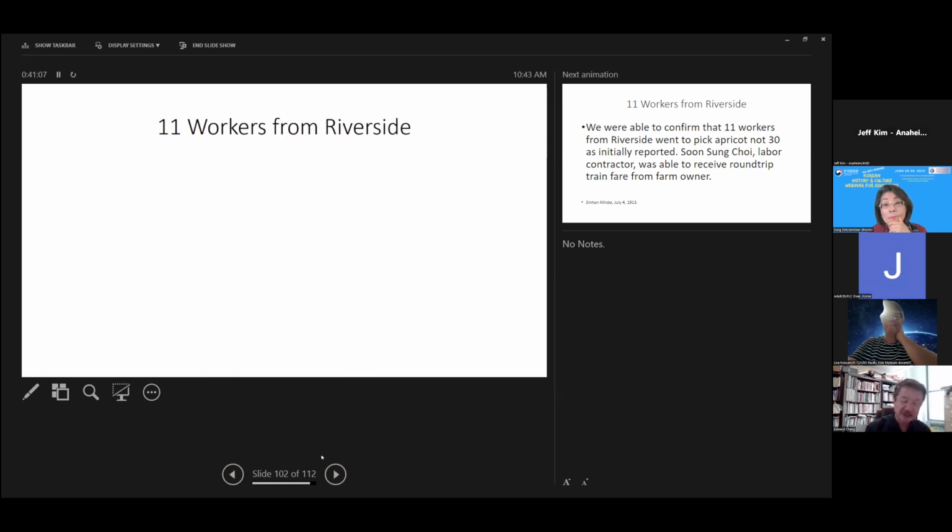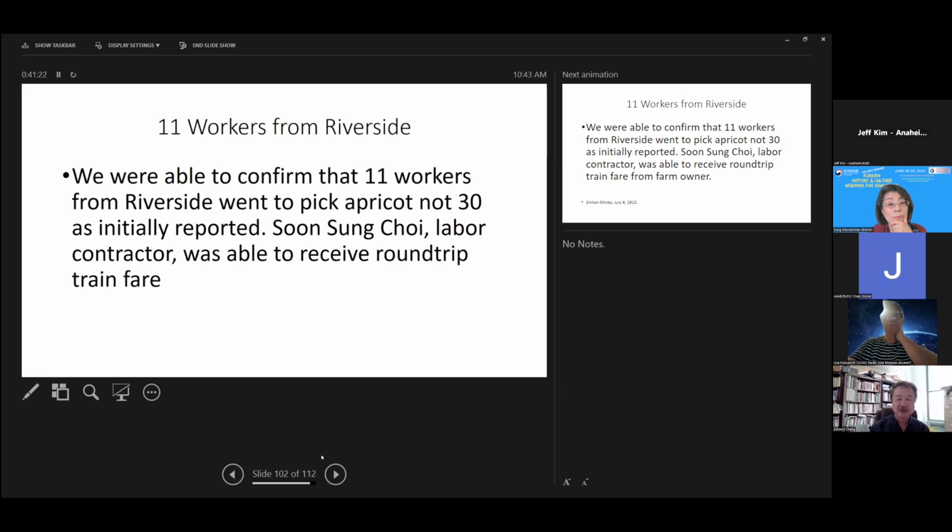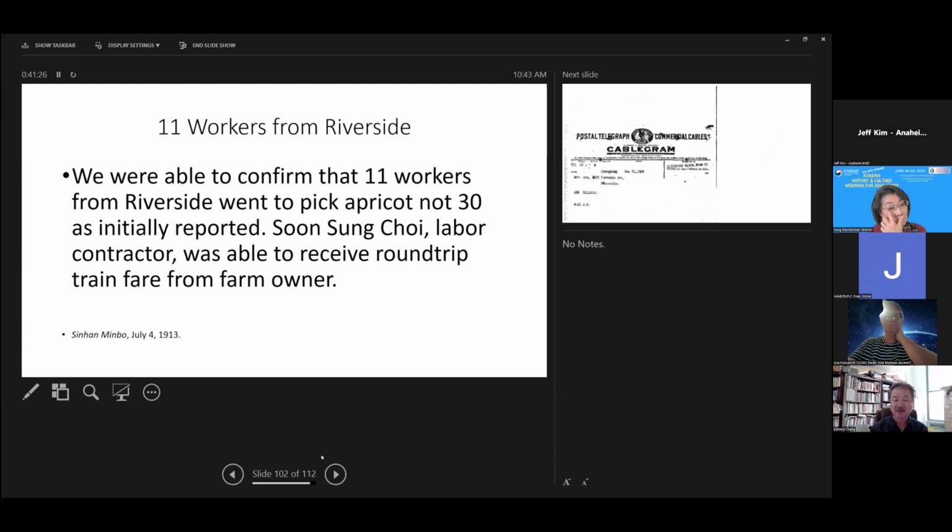They were chanting, "Asians are not welcome. Go back to where you came from." The 11 workers from Riverside were driven out of town. So it's known as the Hemet Valley incident.